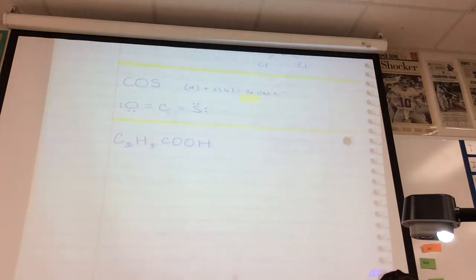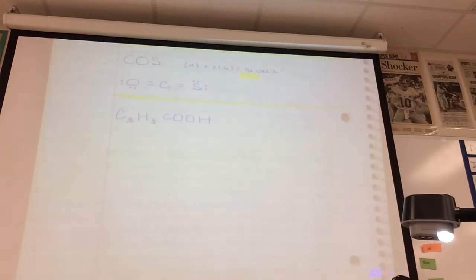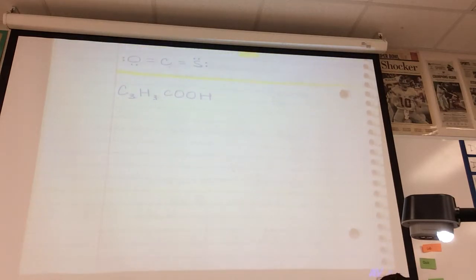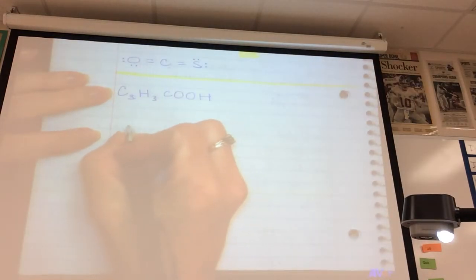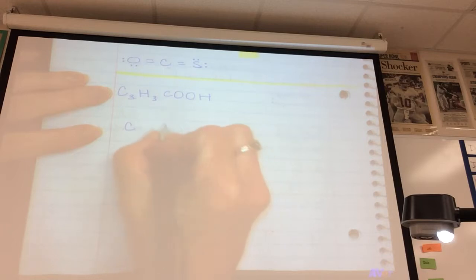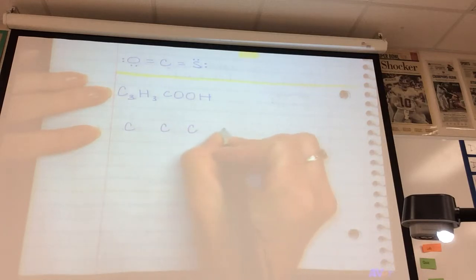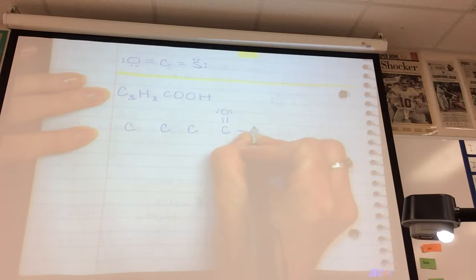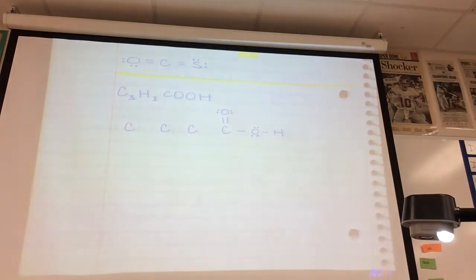Alrighty, I want to go into the COOH group. Some of you drew the COOH group to death last year, and you will be very grateful for that. What you're looking at here, you've got 3 C's, and the COOH group is always C double bonded to O, single bond O, H, like that.